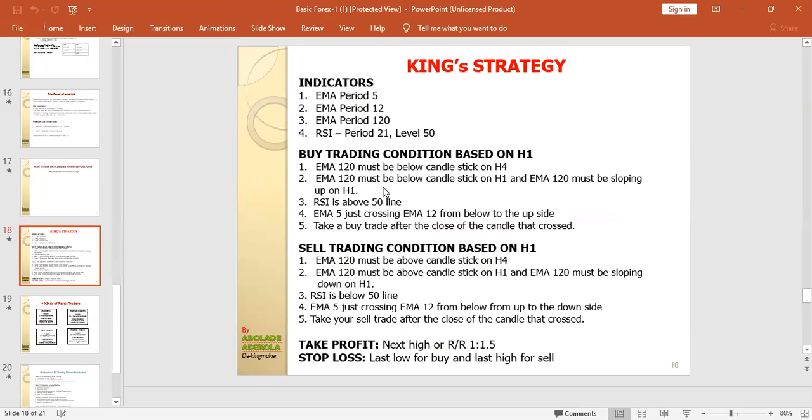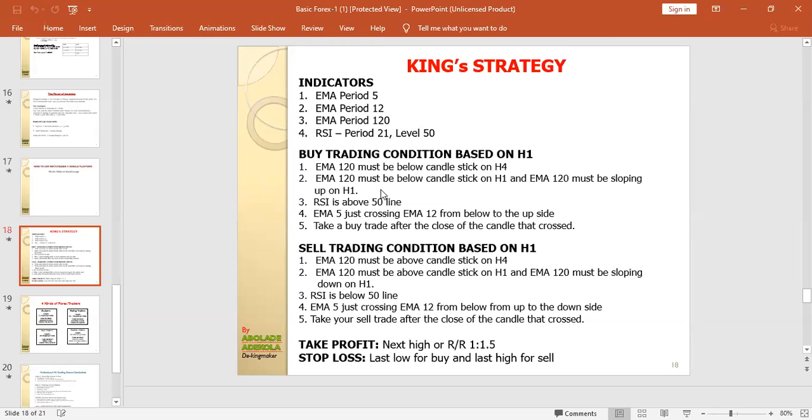I'm happy to tell you that this strategy in front of you, called the King strategy, has about 72% win rate, if not more. Okay, you can be making your money with this strategy.